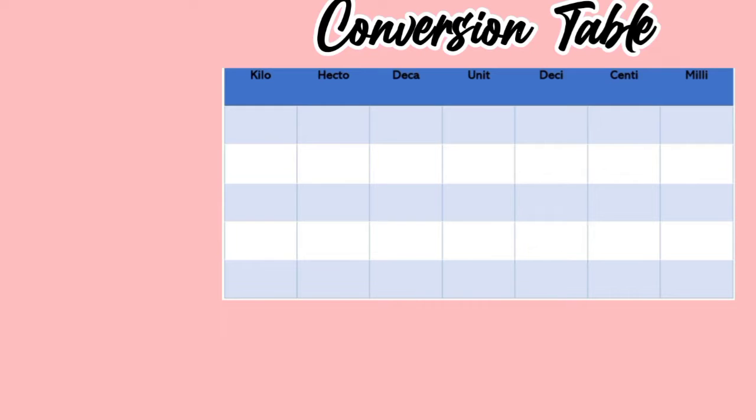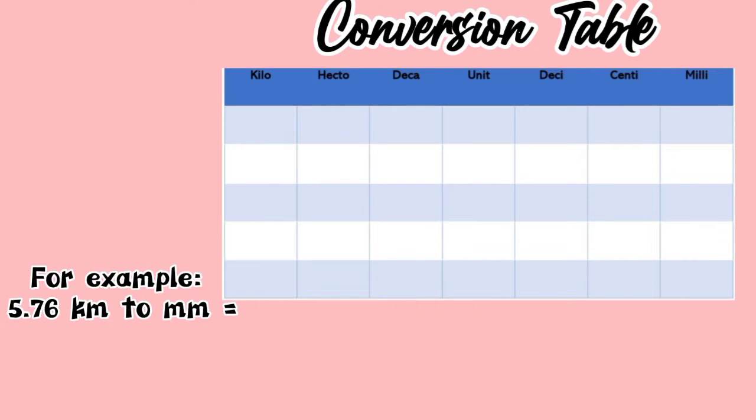So this is our conversion table, wherein this table will allow you to simply and easily convert between metric units without having to perform any multiplication or division. For example, let's say that we want to convert 5.76 kilometer to millimeter. The only thing we should do is put 5 here in kilometer, since we start in kilometers.